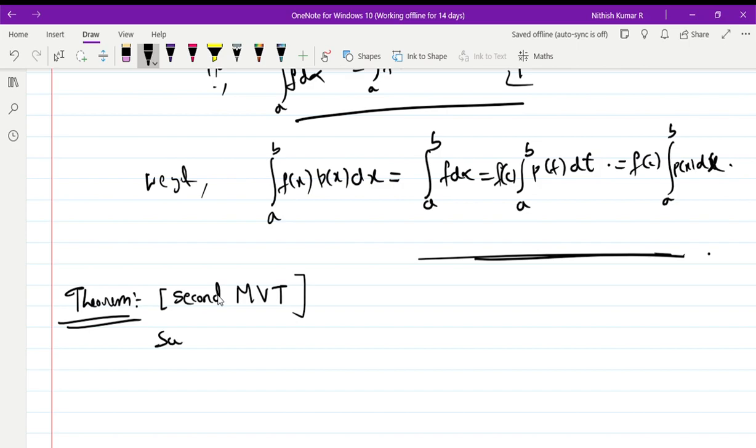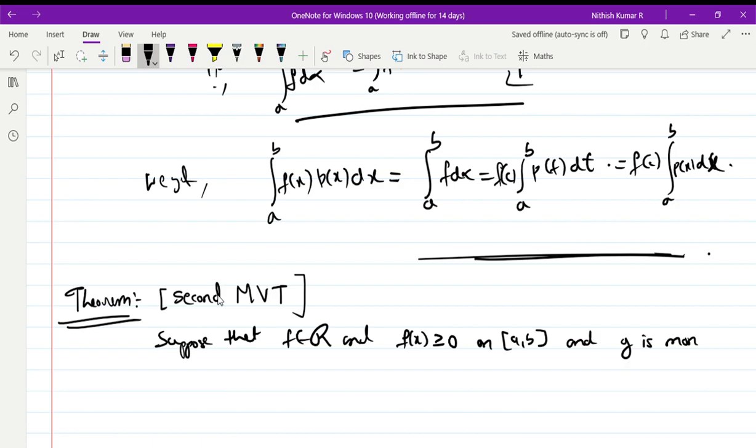Suppose that f belongs to R and f of x is greater than or equal to 0 on the interval [a, b], and g is a monotonically increasing function on the closed interval [a, b].